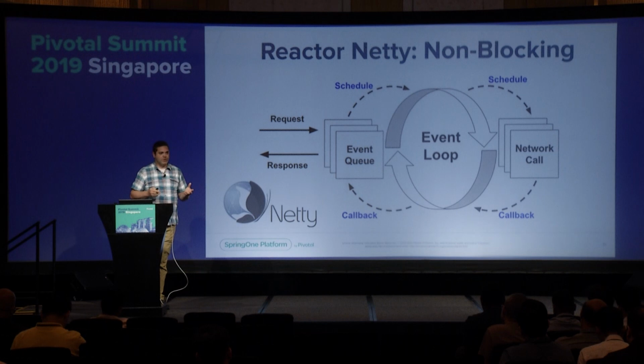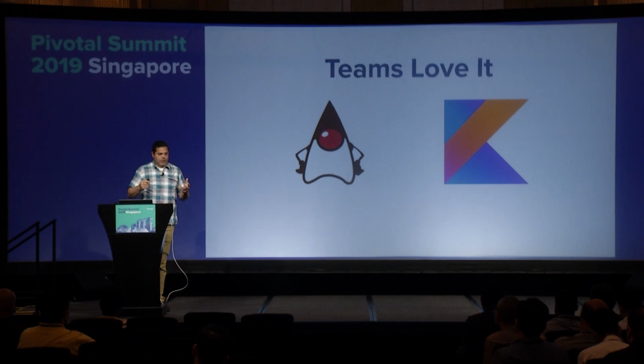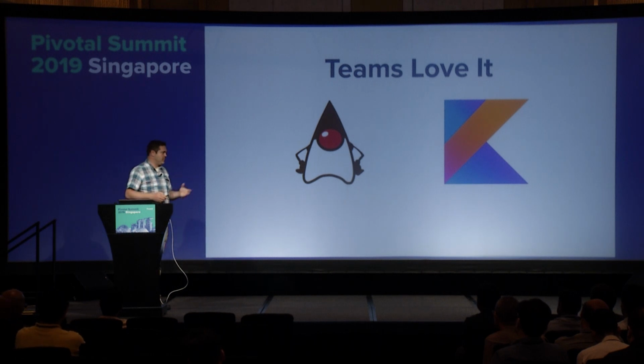So it's very efficient use of the hardware that you have and the resources that your machines have. So besides YAML configuration, there's also a DSL that's available. And so your developers in your enterprise can use this DSL in whatever language they're comfortable with. We have a Java DSL, we also have a Kotlin DSL.